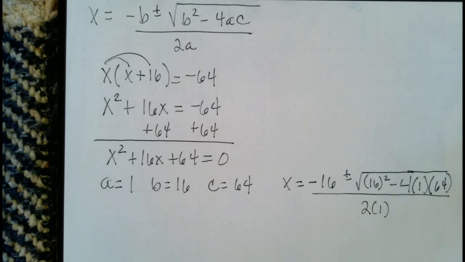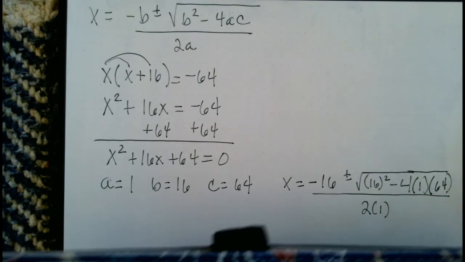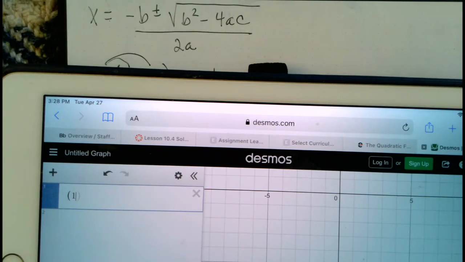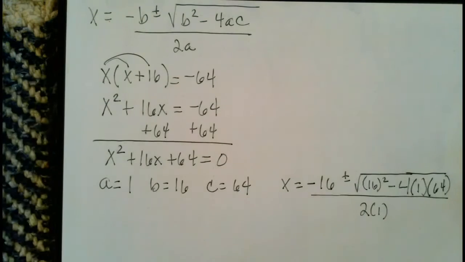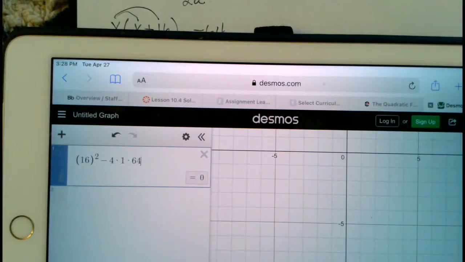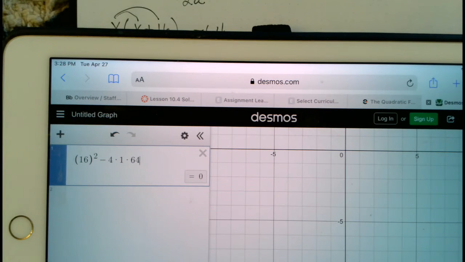So we'll pull up Desmos to be able to calculate that value. And what we're going to type in is 16 squared minus 4 times 1 times 64. And we get 0 when we type that in.